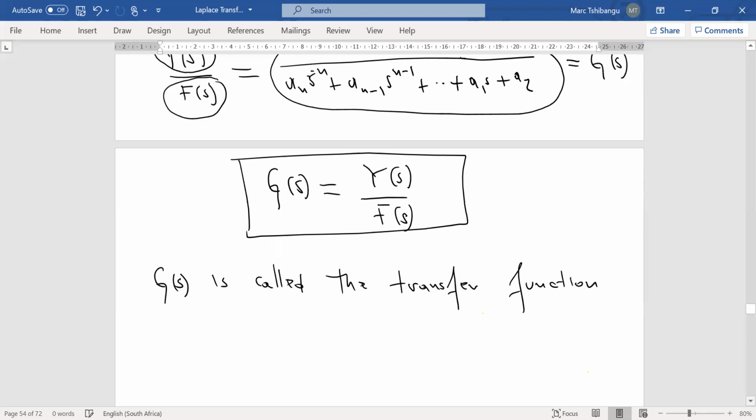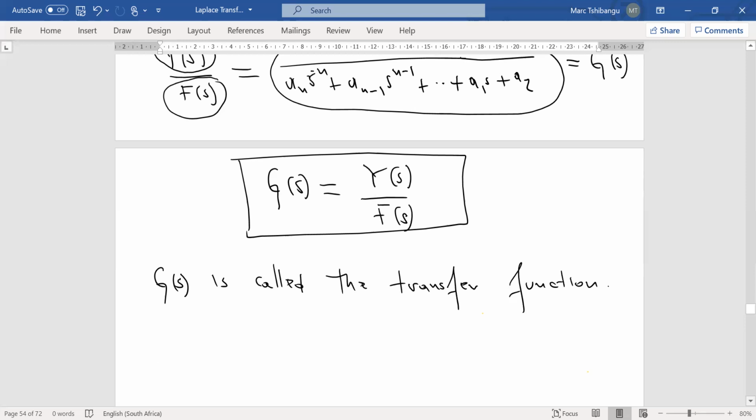So if, for example, you have 2 inputs and 1 output, this could also be considered as a multiple input and single output system, and we call it MISO. That means more than 1 input.